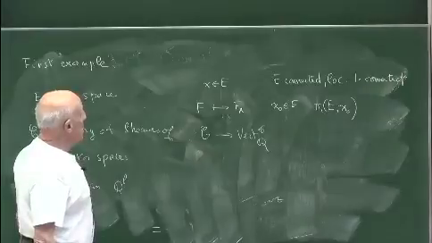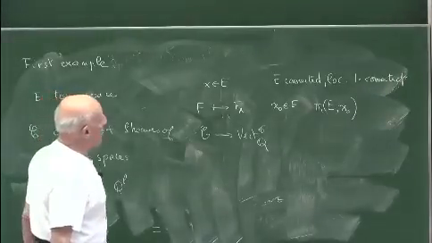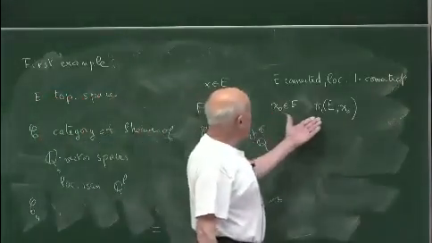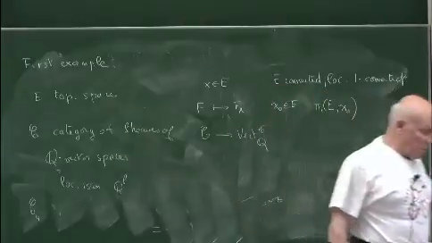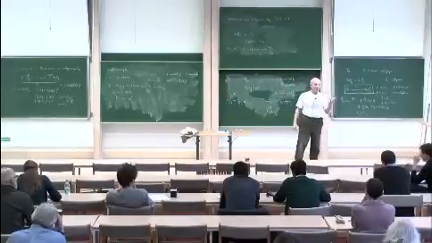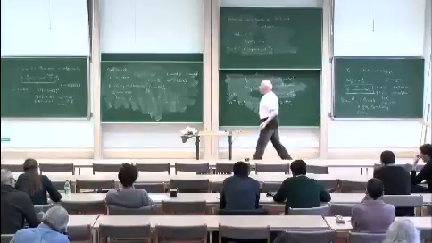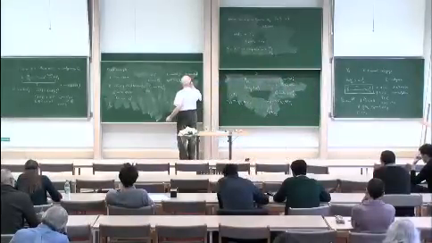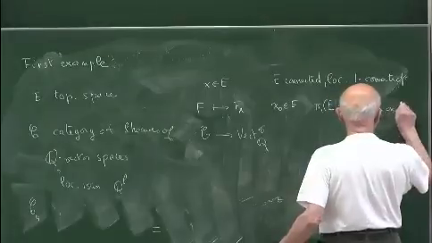And it is known that you have a natural action, a monodromy, of pi 1 at the point x0 on the fiber at x0.